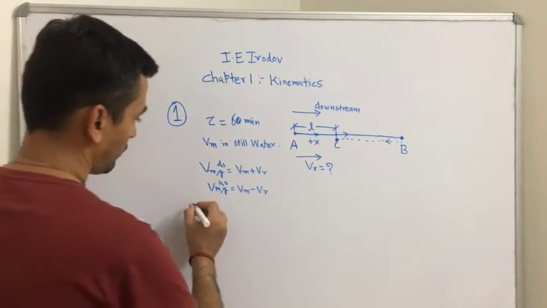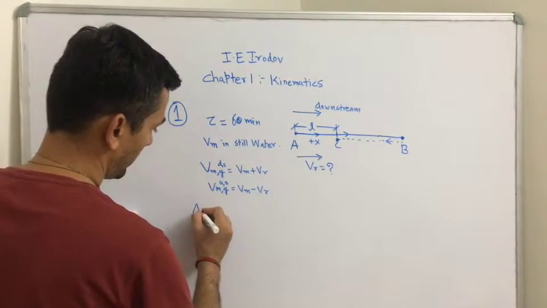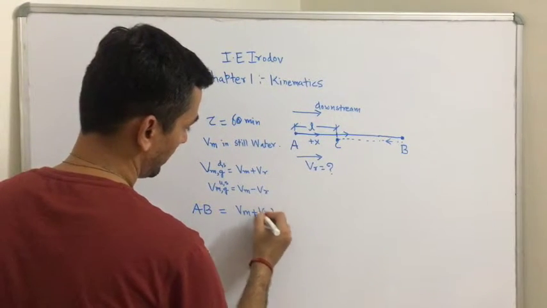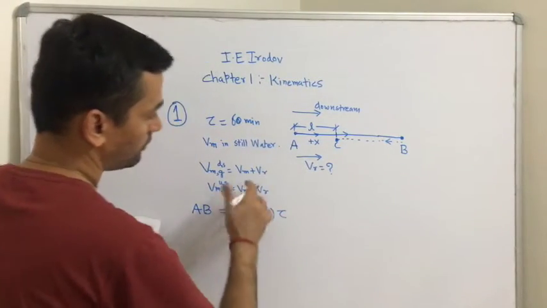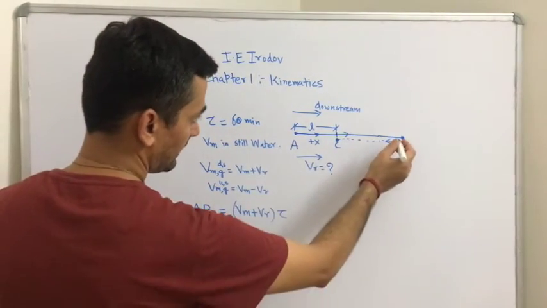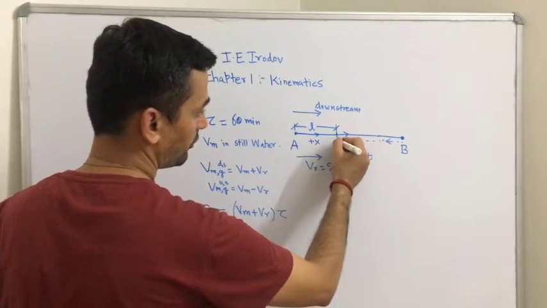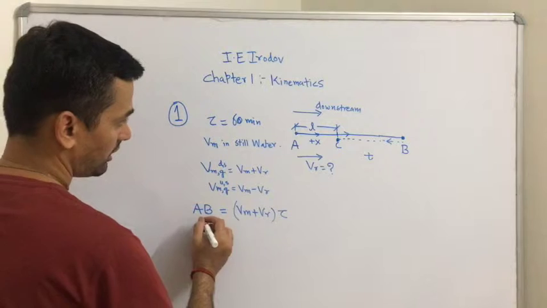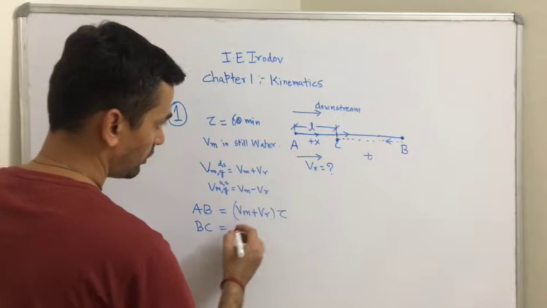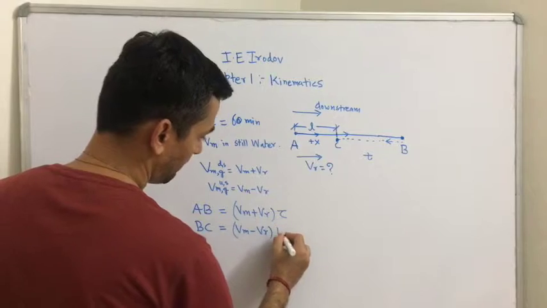So for the first part of the motion, we can say AB is equal to (Vm plus Vr) into tau, for the entire time that it moves. And then let's say it turns back and again travels for time t before it meets the raft at point C. So BC is equal to (Vm minus Vr) into time t.